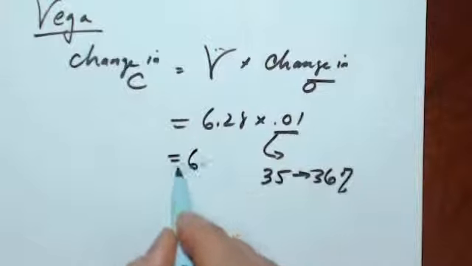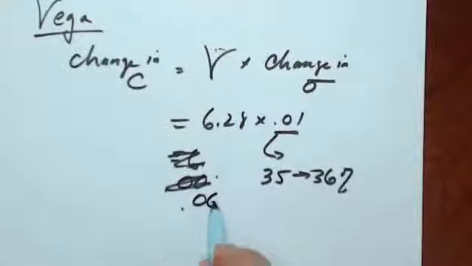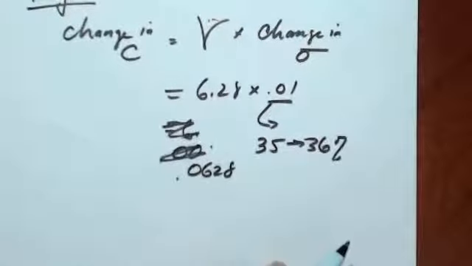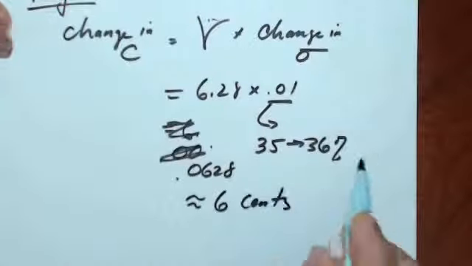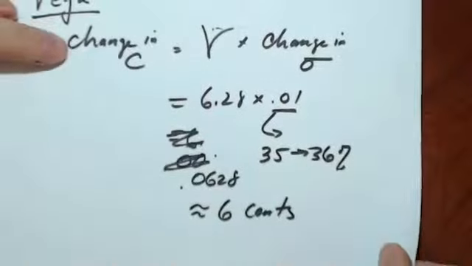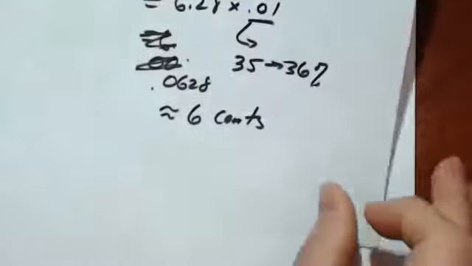And that is 0.0628 positive. And what that's saying is that's basically about 6 cents. So if the volatility during the life of the option increases by 1%, you're going to have an increase of 6 cents in the change in the call price. It's going to go up by 6 cents.